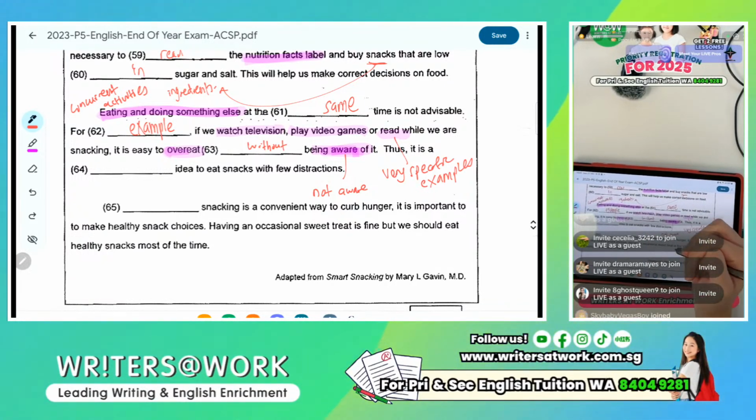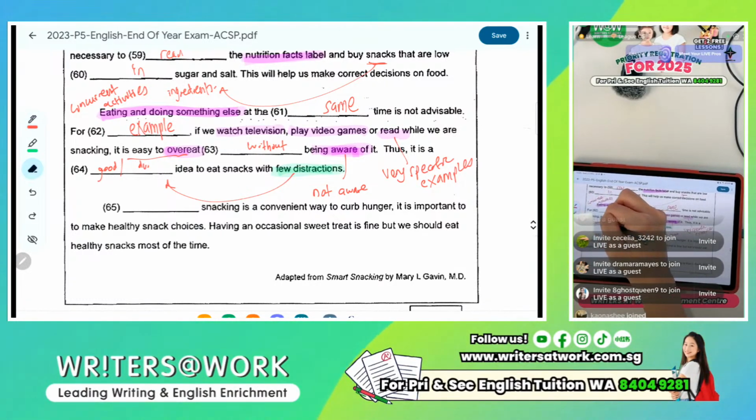Thus, it is a very dash idea to eat snacks with few distractions. So you can see here that there's a consequence of watching television or multitasking while you're eating. So when the next sentence tells you that you should eat with few distractions, such an idea would be good or advisable. No, you cannot use advisable because over here is a. So you need a non-vowel word. Okay?